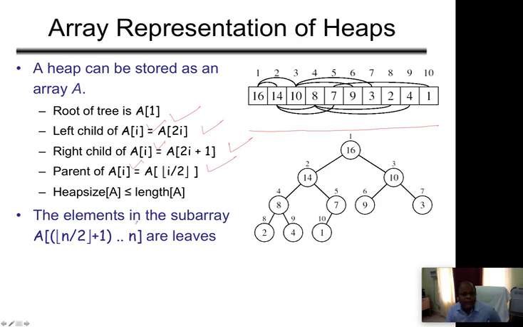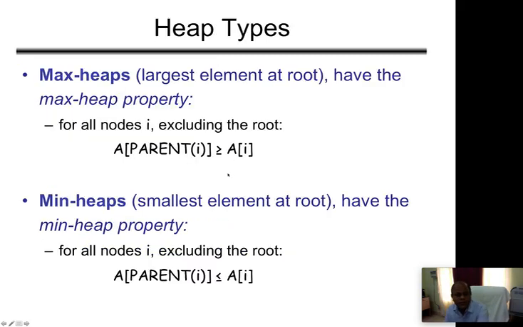And the heap size, if it is satisfying the heap property, you will calculate; this is the heap size. Max heap, as I have already told, is nothing but a heap where the parent value is greater than or equal to its child value, and min heap is where the parent value is less than or equal to its child value.